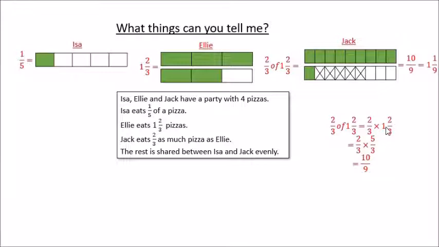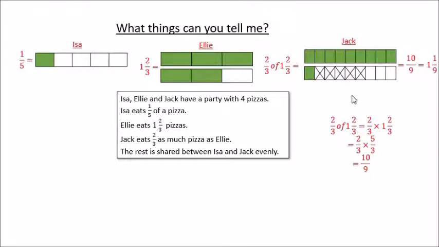But to do so, essentially 1 whole is 3/3 altogether, and then another 2/3, so that's 5/3 altogether. So if I convert that to an improper fraction first, then we get 2/3 multiplied by 5/3. And when you multiply fractions, you multiply the numerators together, so 2 times 5 is 10, and the denominators multiply together, 3 times 3 is 9. You can see we get 10/9, which is exactly what we got using the bar.